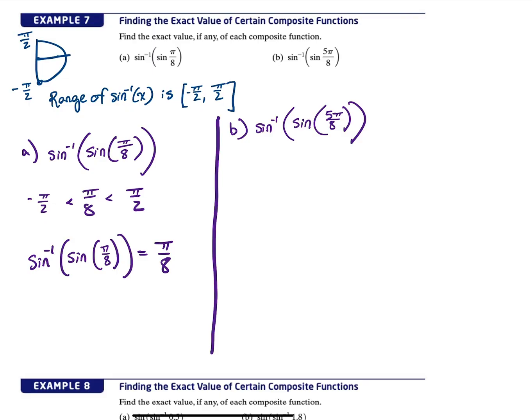So is 5 pi over 8 outside of this restricted range between negative pi over 2 and pi over 2? Let's think. Let's convert the pi over 2 to something in eighths, just to reference. Pi over 2 is 4 pi over 8. So since we have 5 pi over 8, that's definitely outside of this restricted range of the inverse sine.